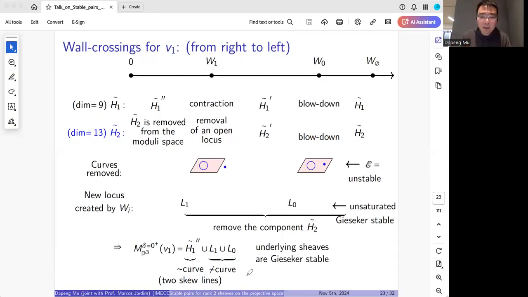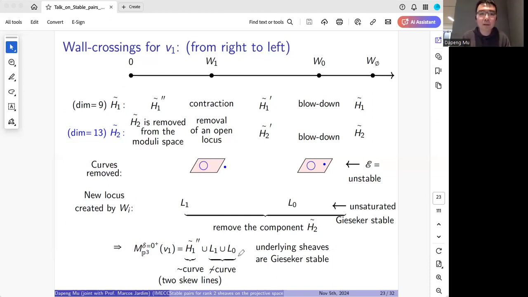Firstly, in this moduli space, the underlying sheaf of every pair is Gieseker stable, or Gieseker semistable. In this case, they're the same, but not every pair is saturated. You will see only H1 double prime parameterizes saturated pairs. But for the other two parts, L0 and L1, the pairs there are not saturated, so they don't correspond to curves.